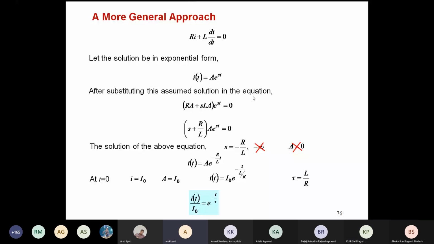Now this I(t) by I naught equals e to the power minus t by tau. If we plot this, we are plotting I(t) by I naught versus time. Where will it start?